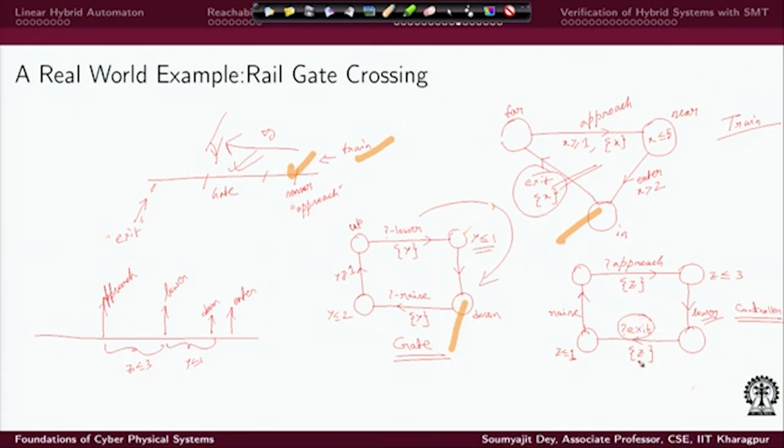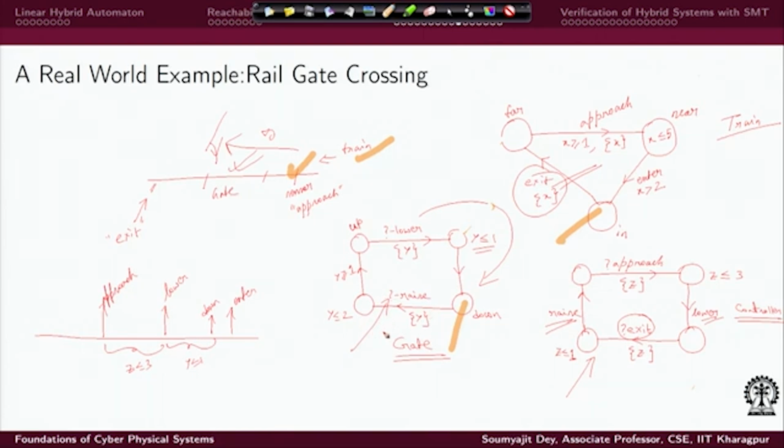And once this exit signal is given, it's like an input for the controller, right. So with the exit signal, the controller will move to this state, and as you can see here again it resets a clock, right. And inside 1 unit of time of getting the exit signal, the controller will output this raise signal, right. And this raise signal is basically an input for the gate's physical subsystem, right.